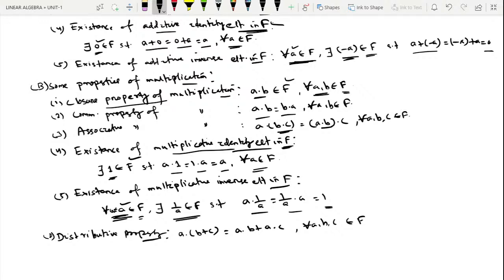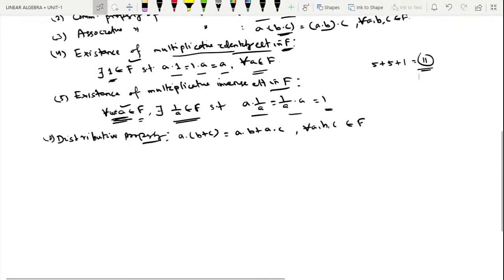So there are 5 properties from the addition operation, 5 properties from the multiplication operation, and 1 property from distribution. Then there are 11 properties. If a non-empty set F satisfies all these 11 properties, then it is said to be a field.